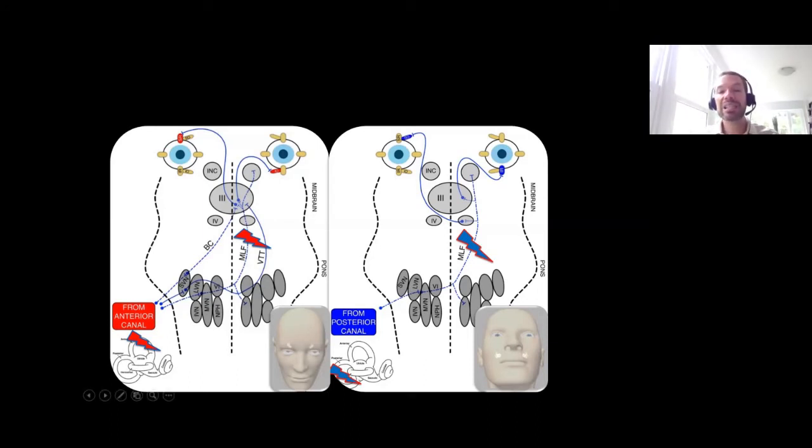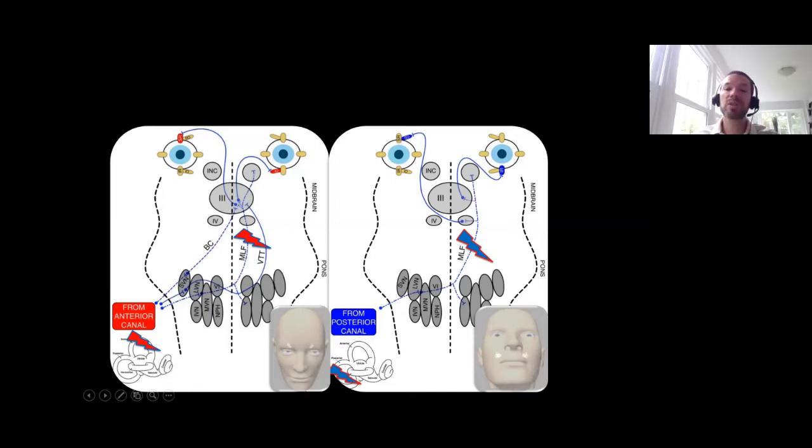So if a patient has a left medial longitudinal fasciculus lesion with a left internuclear ophthalmoplegia, because both the anterior canal pathways and the posterior canal pathways travel through that same piece of real estate, if you did head impulses in the planes of the right anterior canal, because the right anterior canal afferents are going to travel through the left medial longitudinal fasciculus, the right posterior canal afferents are going to travel through the left medial longitudinal fasciculus.